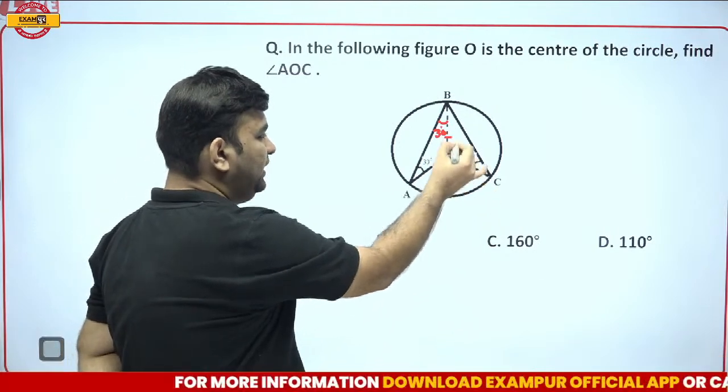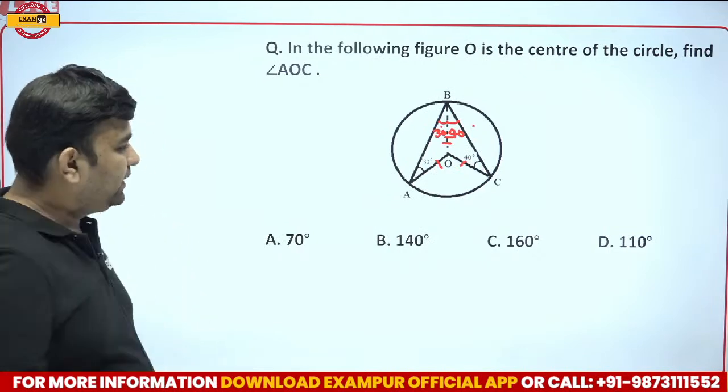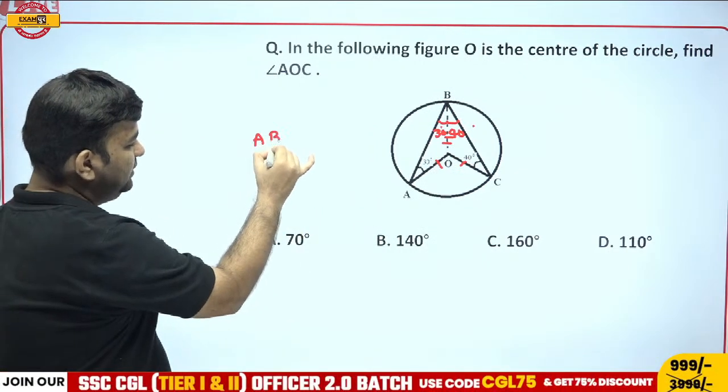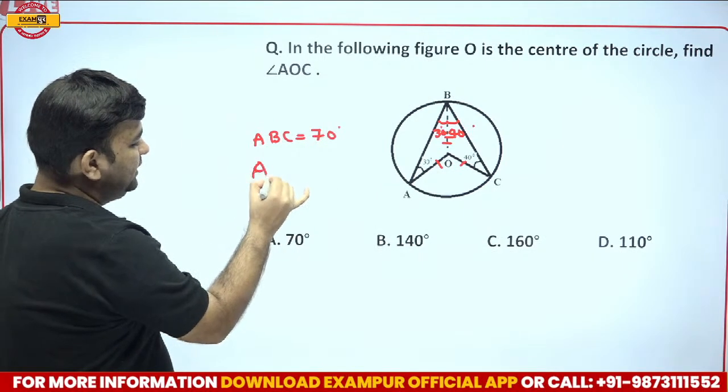Radius, radius, 40, 40. So angle ABC is 70 degrees. What is AOC? Double of it.